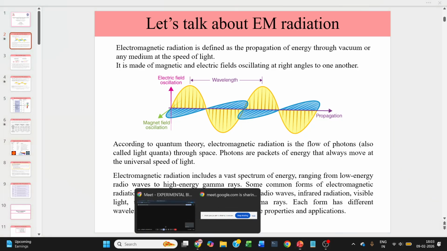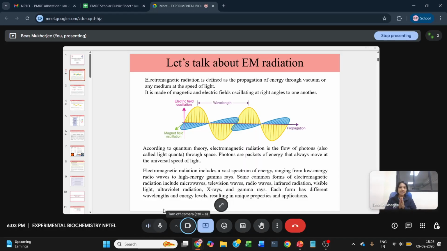It is made up of electric and magnetic field vectors oscillating at right angles to one another. According to quantum theory, electromagnetic radiation is a flow of photons, also called light quanta, through space. Photons are packets of energy that always move at the universal speed of light.